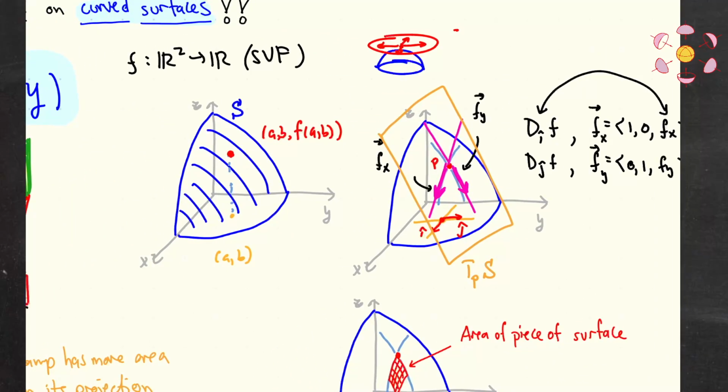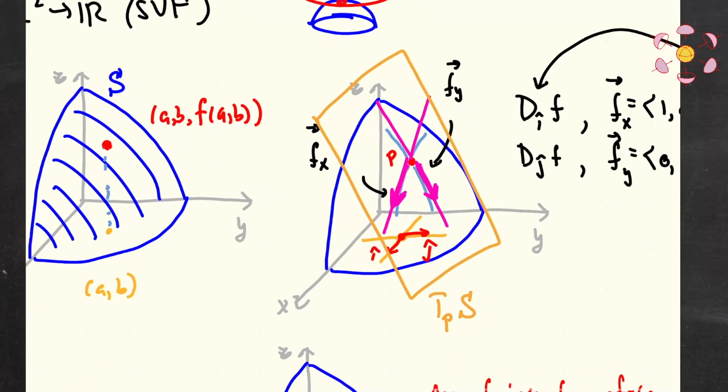To build a tangent plane, I hope you remember you need a normal vector. The normal vector that we will find is the cross product between fx arrow and fy arrow. Remember, when we do the cross product, we get a vector that is orthogonal to both of those, so I'll call it n.